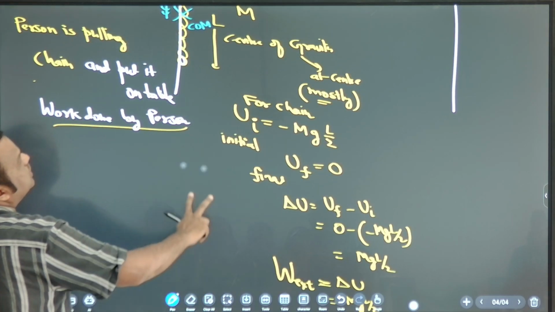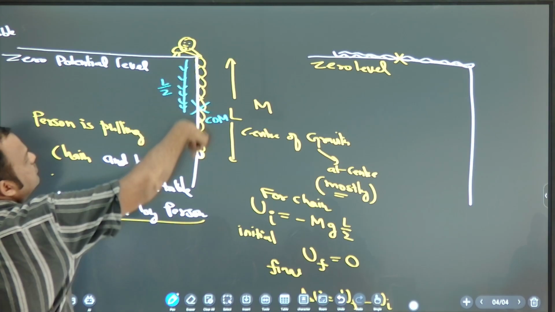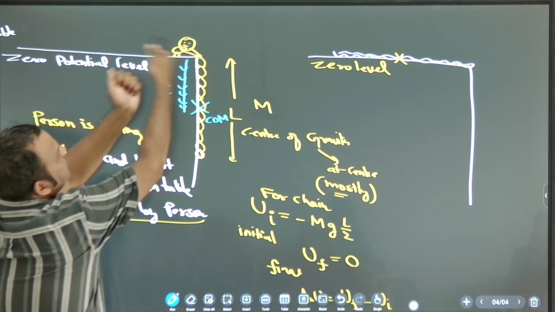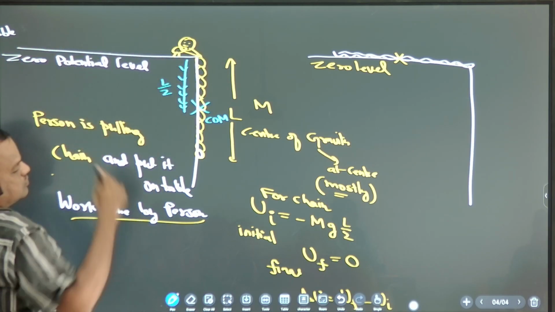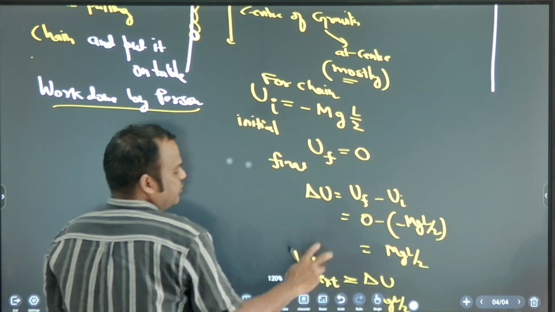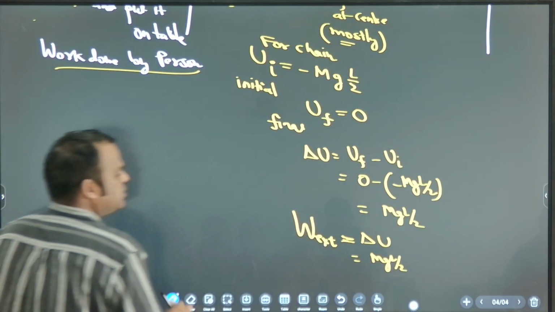So the hanging chain is there, and the table is there. Now you are pulling it and putting it on the table. How much actual work are you doing? mgl by 2. Understood?